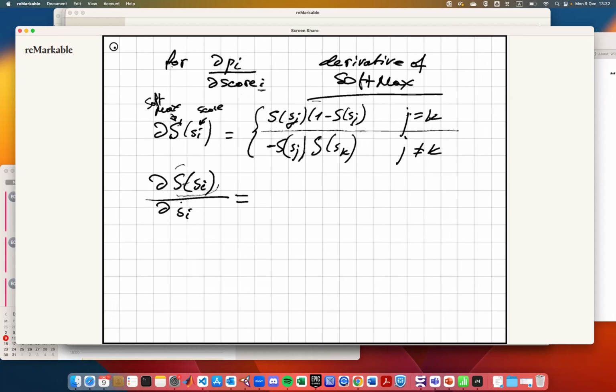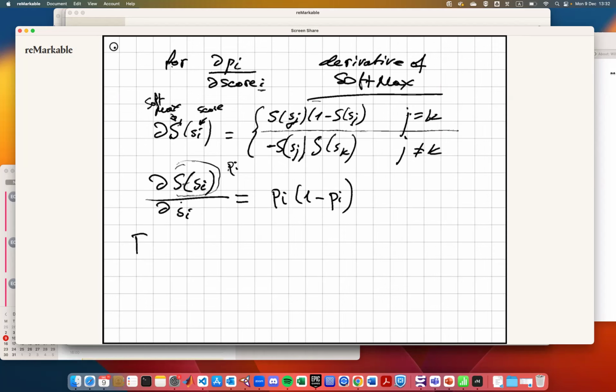This thing is our computed pi, so the score. So it actually becomes pi times 1 minus pi. So this is the derivative.